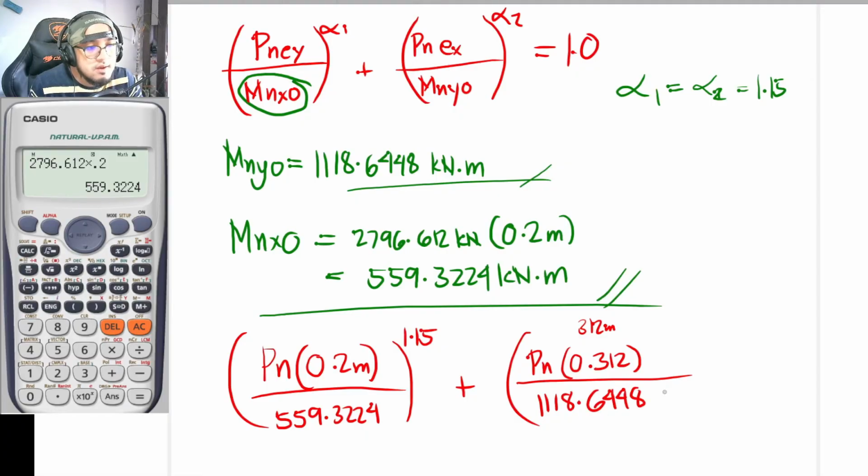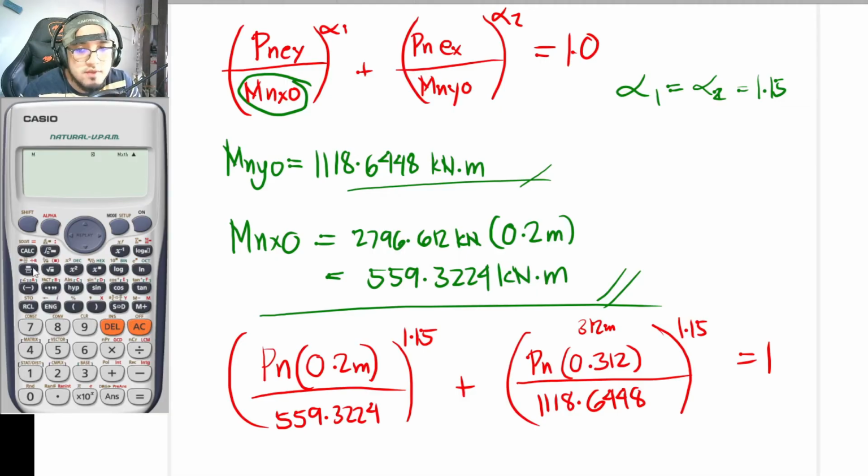1118.6448 kilonewton meter raised to 1.15, and this should be equal to 1. So, everyone solves on their own. In my case, I will shift solve. So alpha x times 0.2 divided by 559.3224, this should be raised to 1.15.